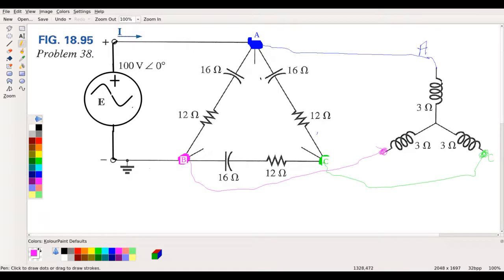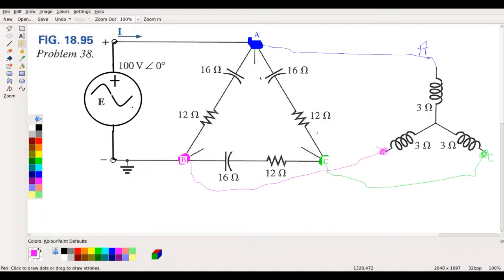So we have the Y with the inductors, and we have the delta with a capacitor and a resistor in series.